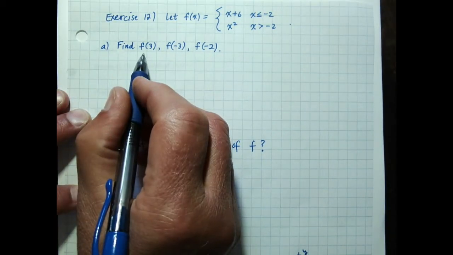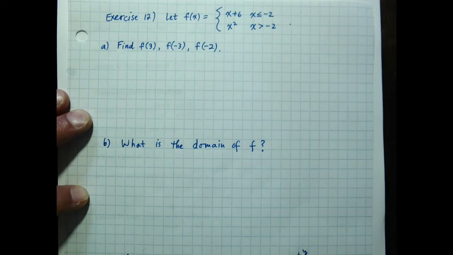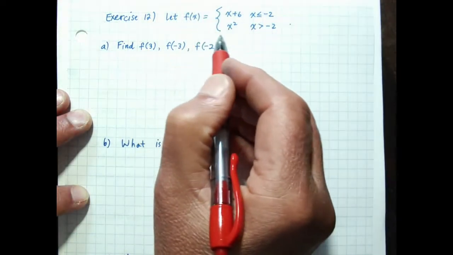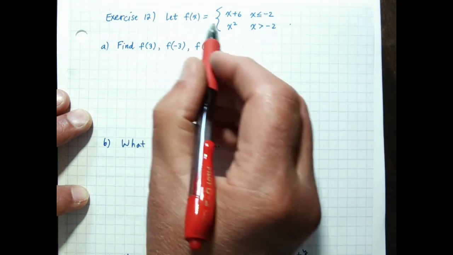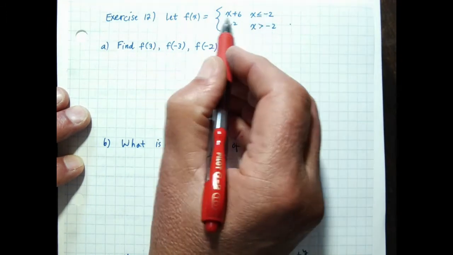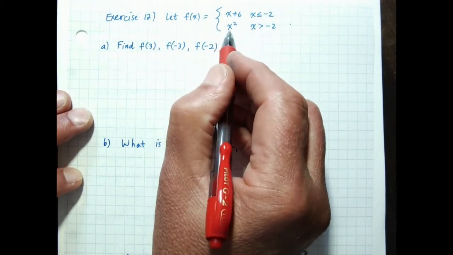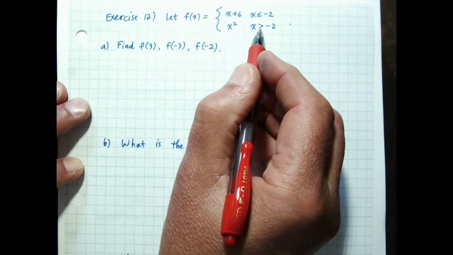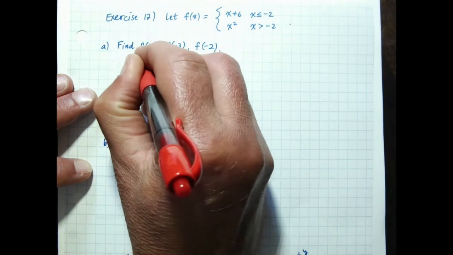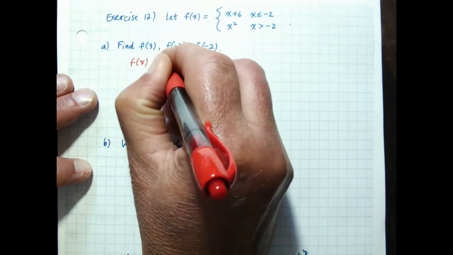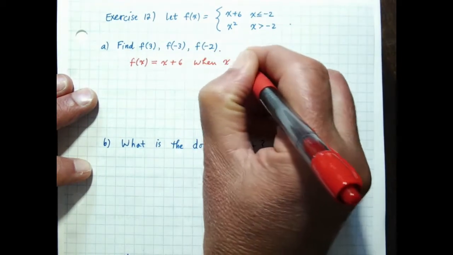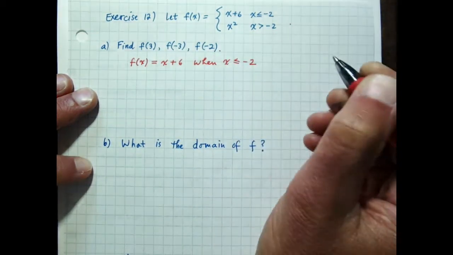So let's just try to write out some function values. And maybe before we write out the function values, I'll talk a little bit more about what this notation means. What this is saying is that for certain values of x, we plug into x plus 6, and for other values of x, we plug into x squared. So we might say f of x is equal to x plus 6 when x is less than or equal to negative 2.